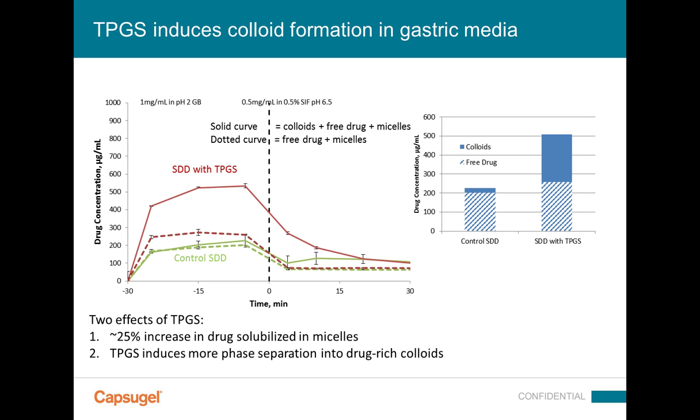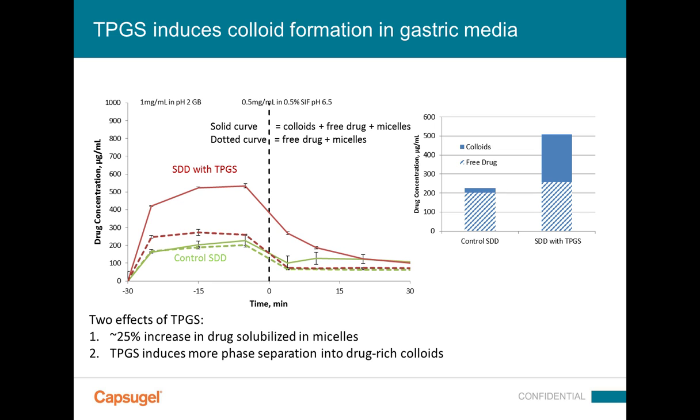In this particular case, the free drug measurements are taken by ultracentrifuge, where all of the colloids are spun down out of the system, and the colloid plus free drug plus micelles aliquots are taken via a filter. The dotted lines represent the free drug concentration, so that's the ultracentrifuge concentration, and the solid line is the concentration of free drug plus micelles if they're present, plus colloids.